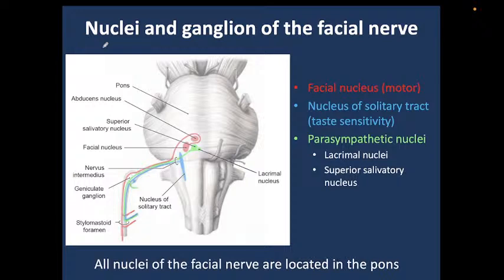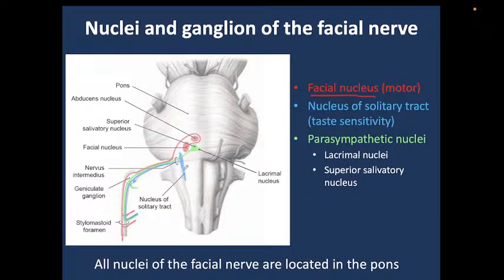Here we use the same principle that we used last lecture, and show motor nuclei in red, sensory nuclei in blue, and we use green color to show visceral or parasympathetic nuclei. Here you see that this red nucleus we call the facial nucleus, or it is motor.